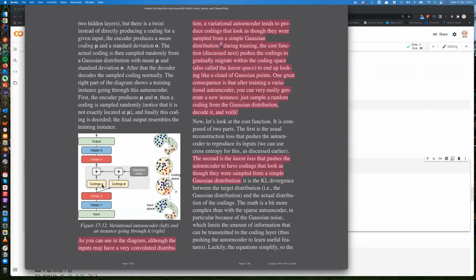From the mean and the standard deviation, we sample to get the final output of the encoder. And then we use those sampled values to regenerate a possible output. I can understand what the diagram is saying, but I don't have a good intuitive idea of what it's doing there.